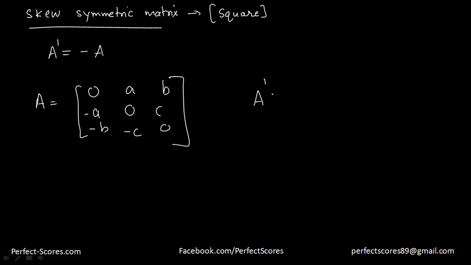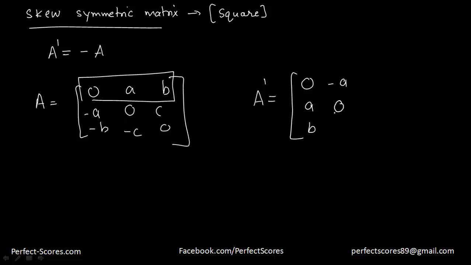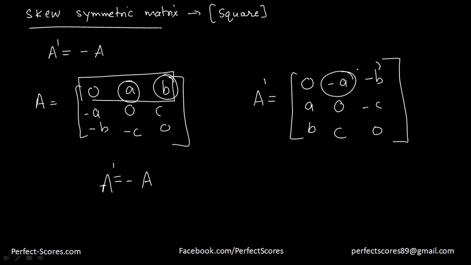If you find the transpose of this matrix, this row becomes this column, this row becomes this column, and this row becomes this column. You can clearly see that the transpose of that matrix is equal to the negative of that matrix, because every element is the negative of itself.